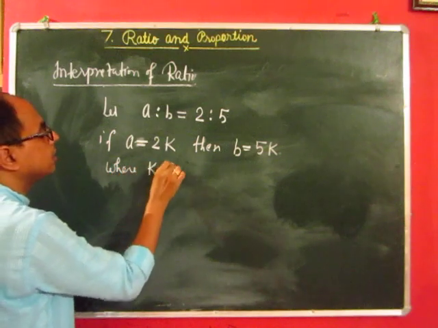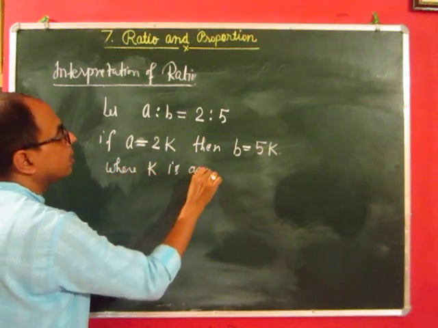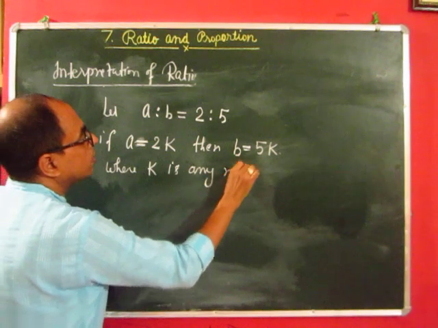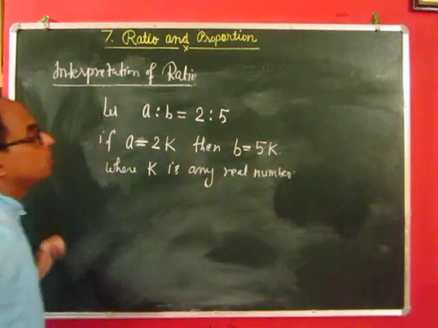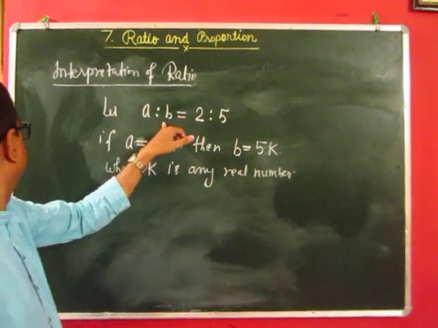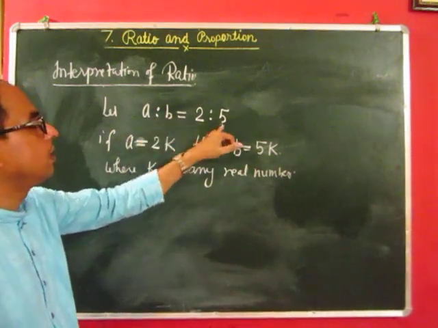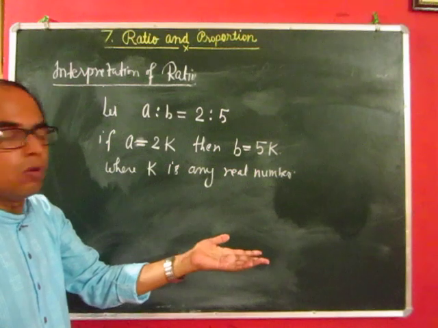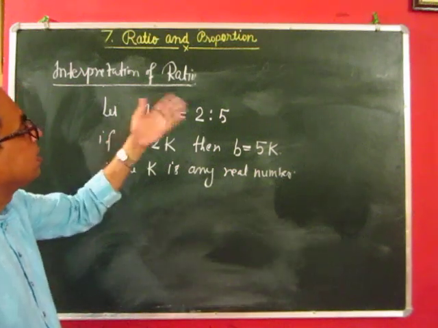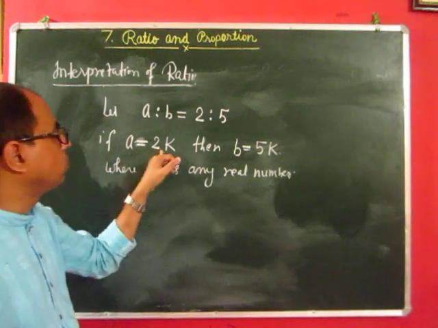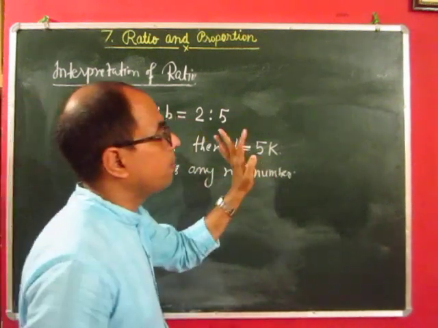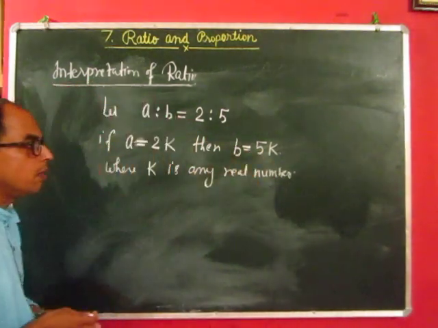So if A is to B is given, we cannot find the exact value of A and B. We can write the relative value of A and B. So if I write A equal to 2k, then B will be 5k. And what is k? k is any real number.